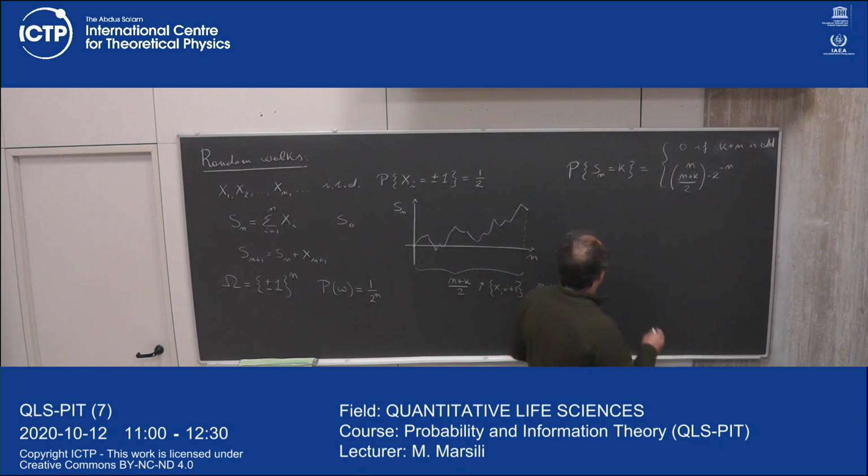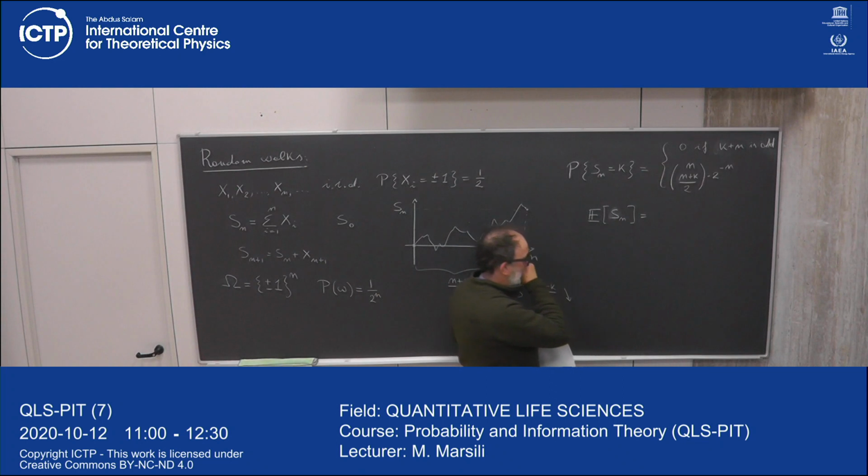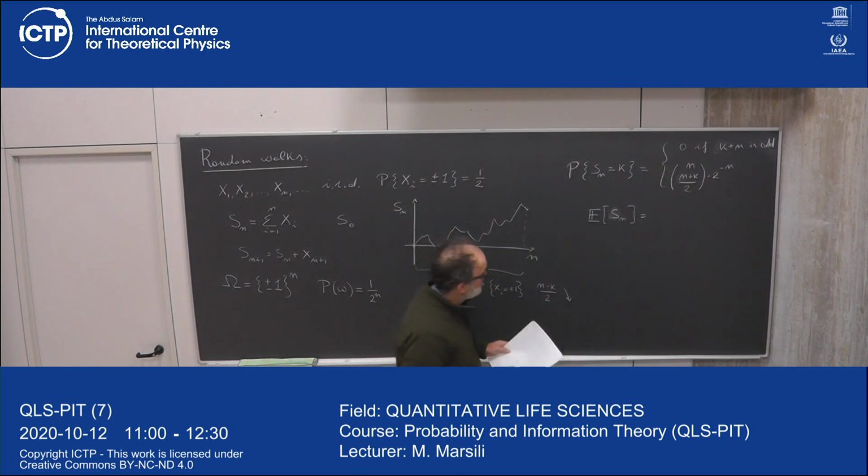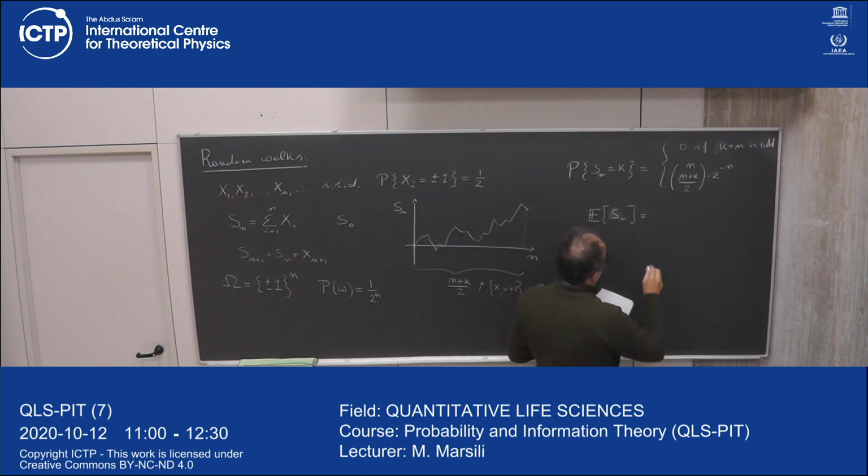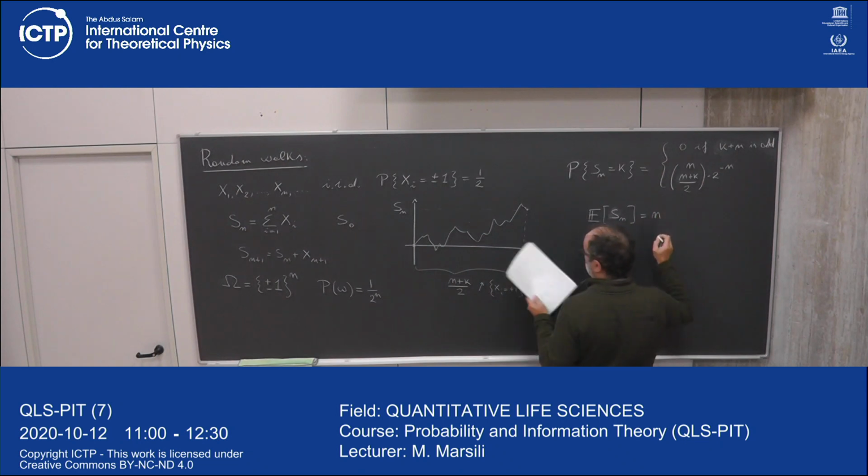And we know that for the binomial distribution, the expected value of Sn is equal to n times the expected value of x.